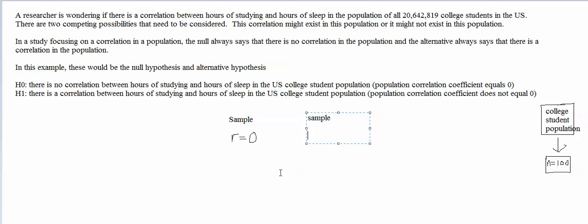Let's make this one 0.20, which is a little bit of a stronger positive. Let's make this one a 0.40. And let's make this one a 0.60.